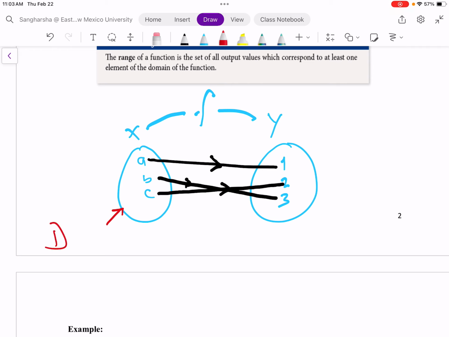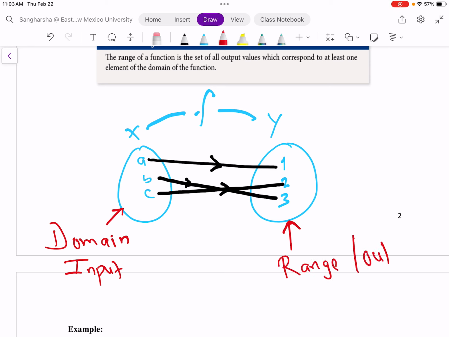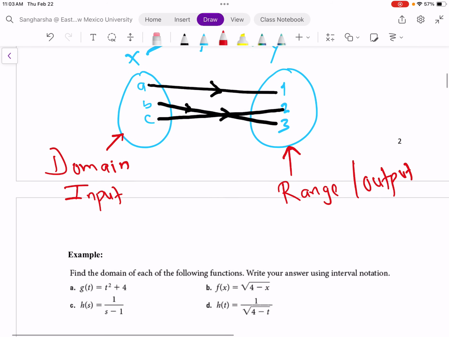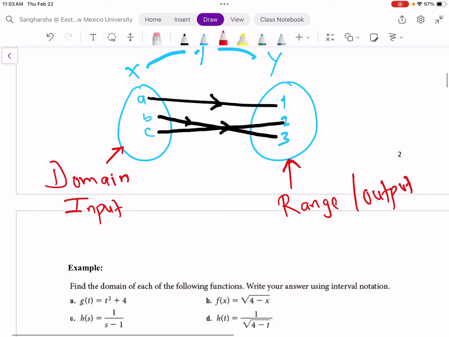So the element from set X is the domain, or this is input, and the elements from the second set, set Y, are the range, or we can call it output. So the first set is the domain or input, and the second set is the range or output.